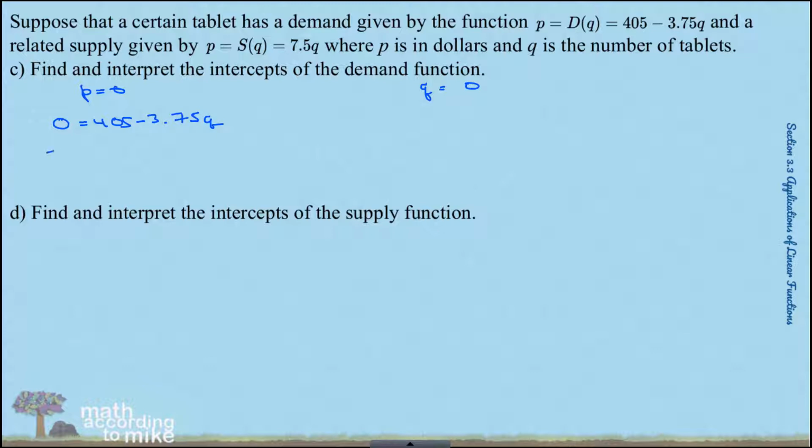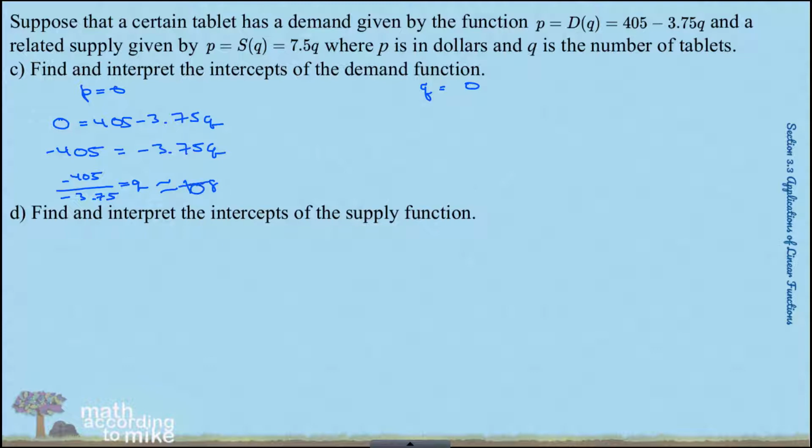We would subtract 405 and divide by negative 3.75. And let's see what we get approximately for Q. We get 108.